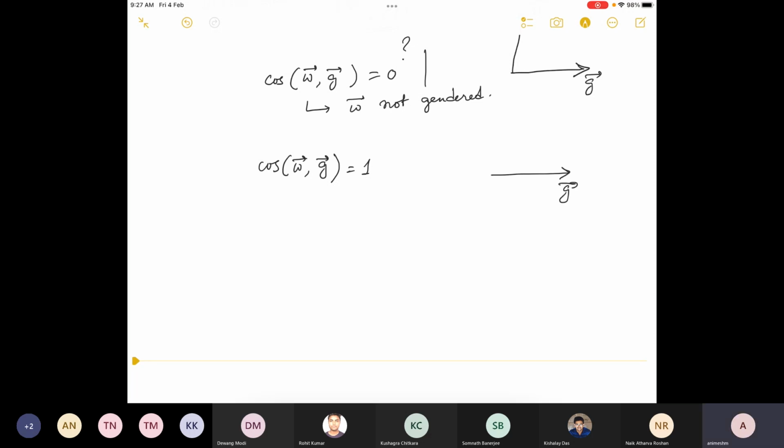If this is G, then W has the same direction and perfect overlap. Fully gendered.